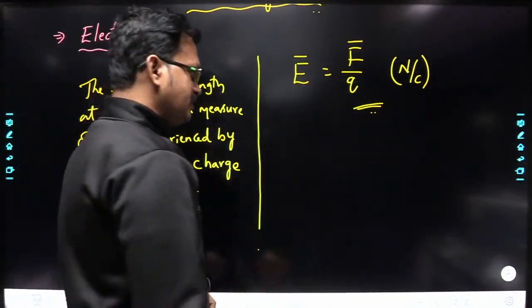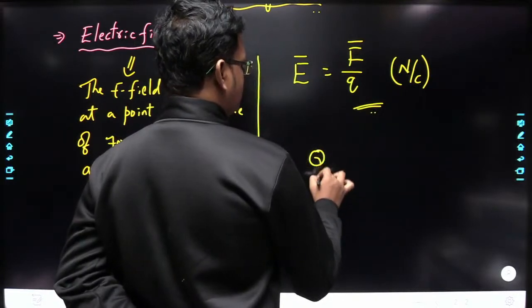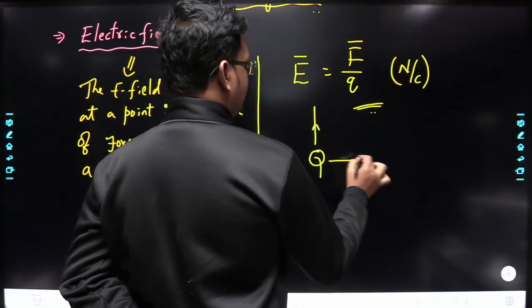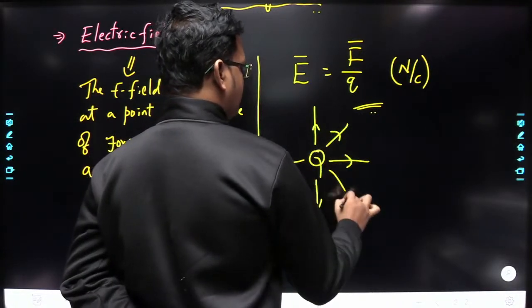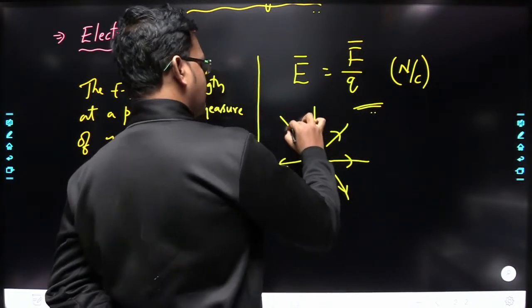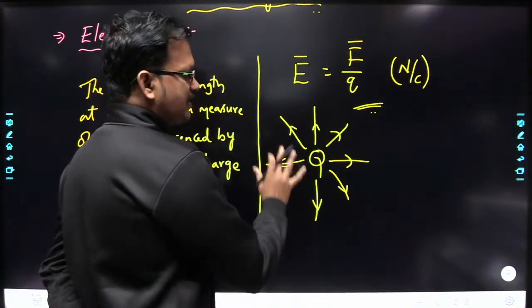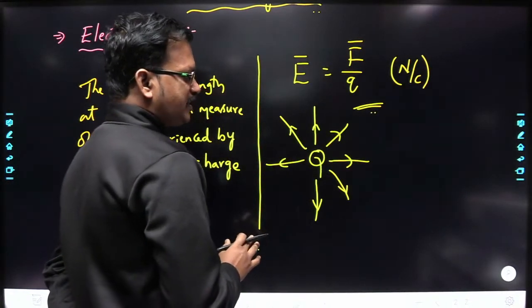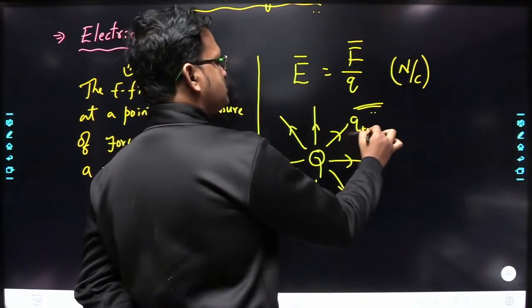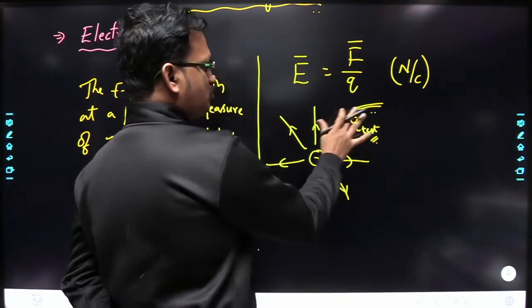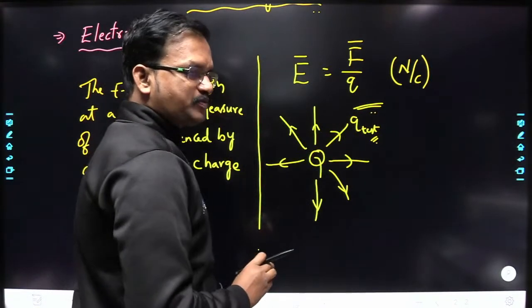I said that whenever you place a charge Q, it is going to set up some electric field in its vicinity, yes or no? How do we know that it has set up some electric field in its vicinity? Whenever you take a test charge into this field, this test charge is going to experience a force.